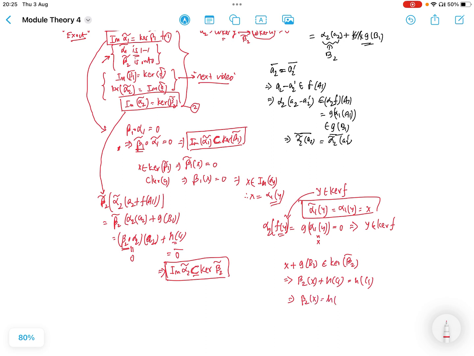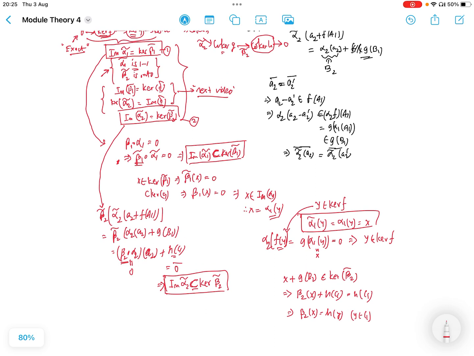So you can consider some y, right? So again, let's go back to the diagram.